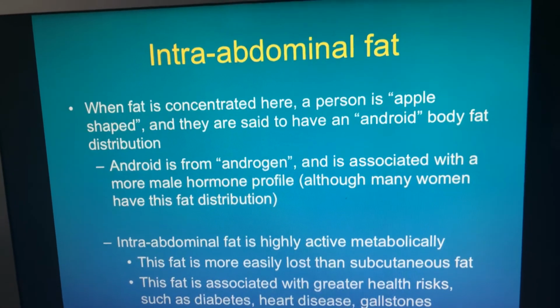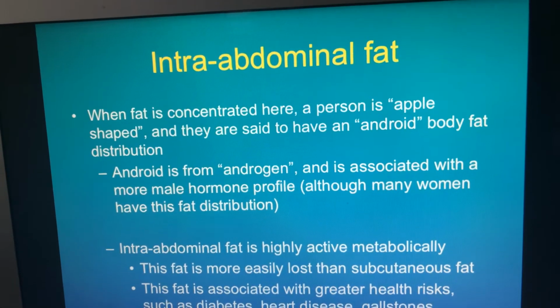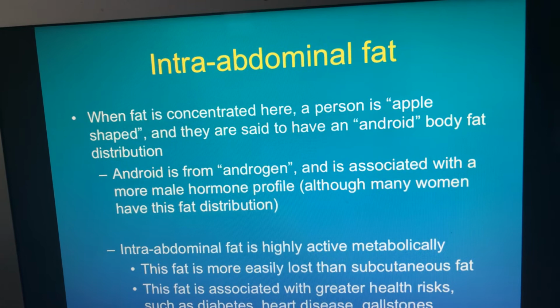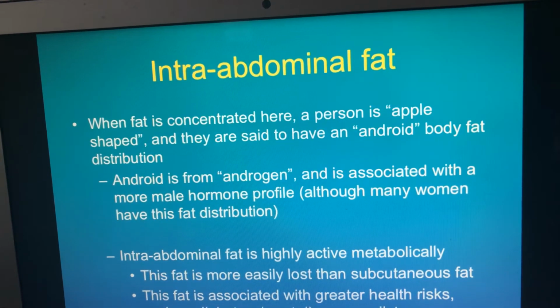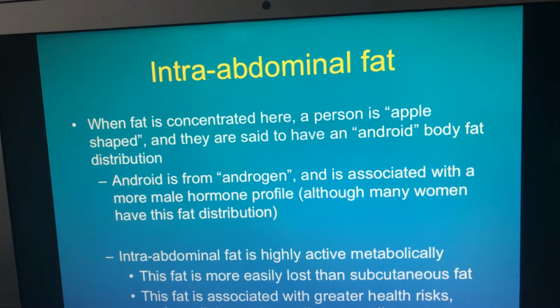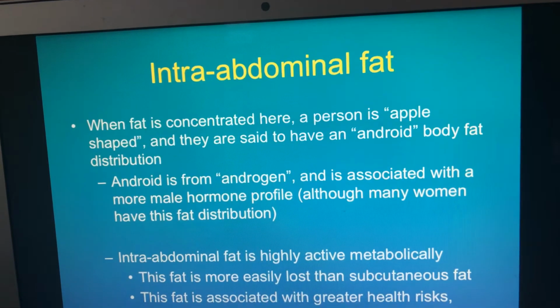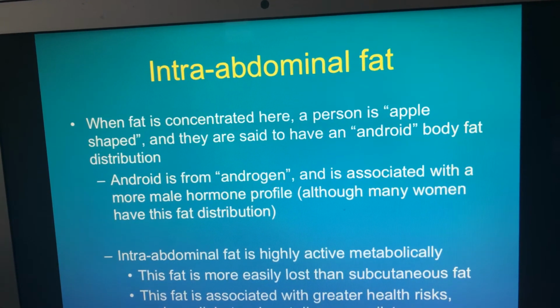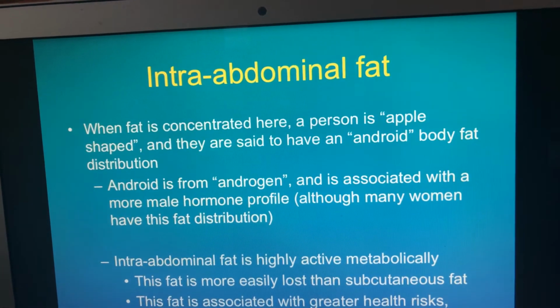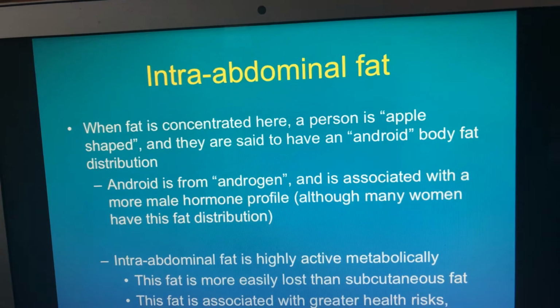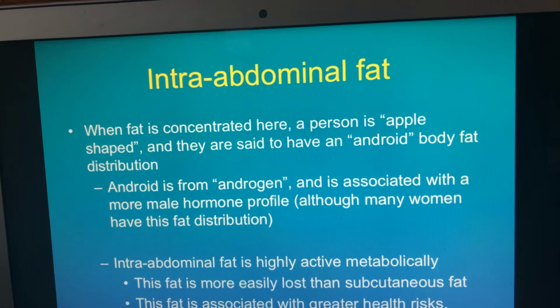The intra-abdominal fat, if a person's fat is concentrated here, oftentimes they're called apple-shaped, and they're said to have an android body fat distribution. Android comes from the term androgen, which means male sex hormones. It's associated with a more male hormone profile, although many women have this body fat distribution.